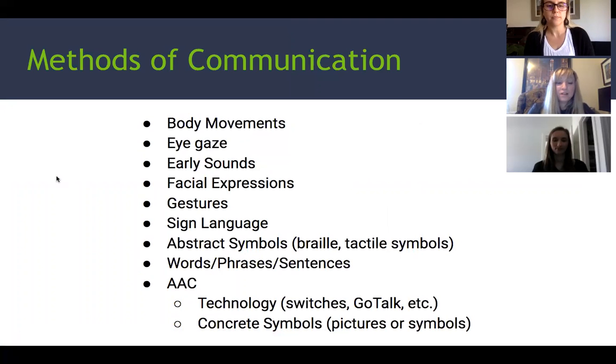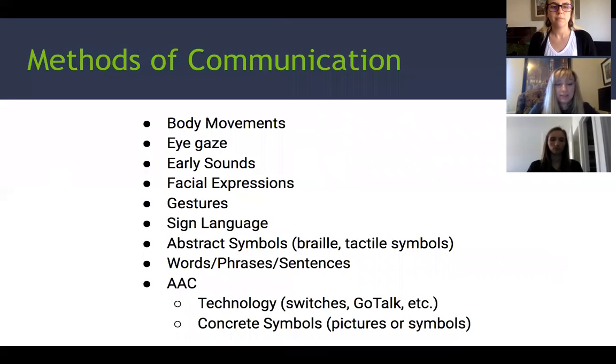So there are lots of ways to communicate those 4 reasons for communication. Like I said with the refusing, you can communicate with body movements, and typically that can look like reaching or turning away, with eye gaze, looking at the thing that you want.